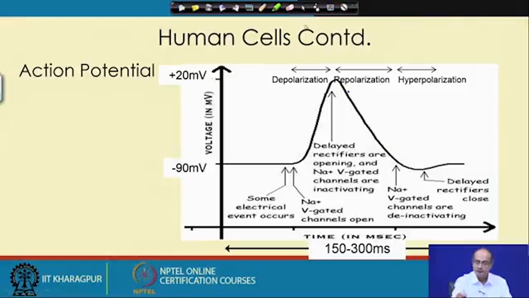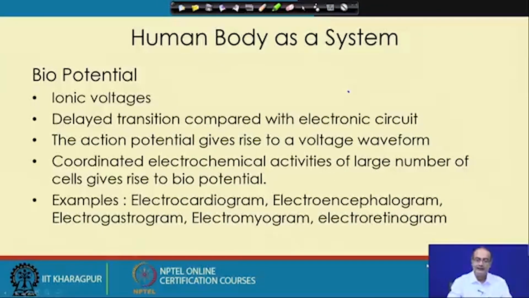And now we look at the characteristics of this potential. First, let us look at the nature of this potential. These cells act as a small battery, and the source of this energy is the ionic voltage.